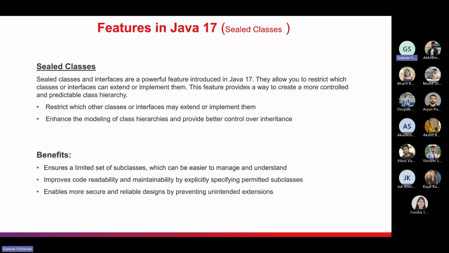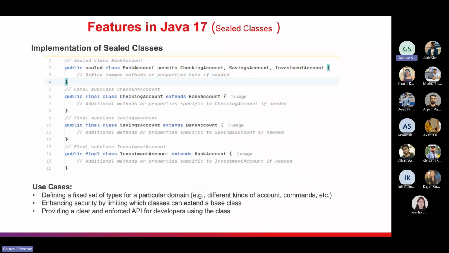If you want to put this restriction, you can use the keyword sealed. Using a sealed class we can restrict which classes or interfaces can inherit it. In the next slide I will also show you how you can define sealed classes.